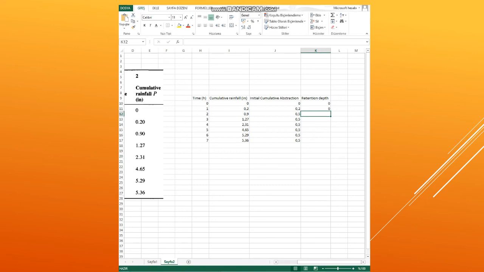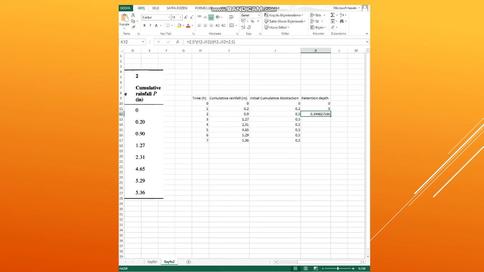Because after the cumulative rainfall is bigger than initial obstruction, it will obey. So okay, 2.5 multiply cumulative rainfall minus initial obstruction over, open a parenthesis, cumulative rainfall minus initial obstruction plus 0.5.